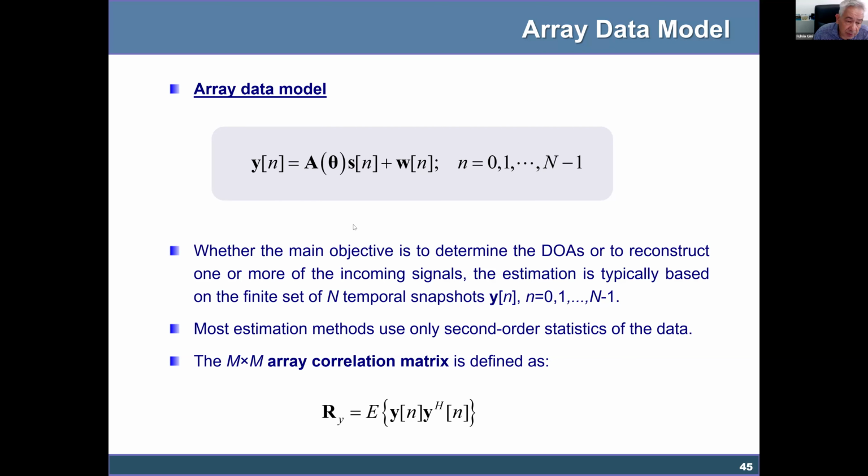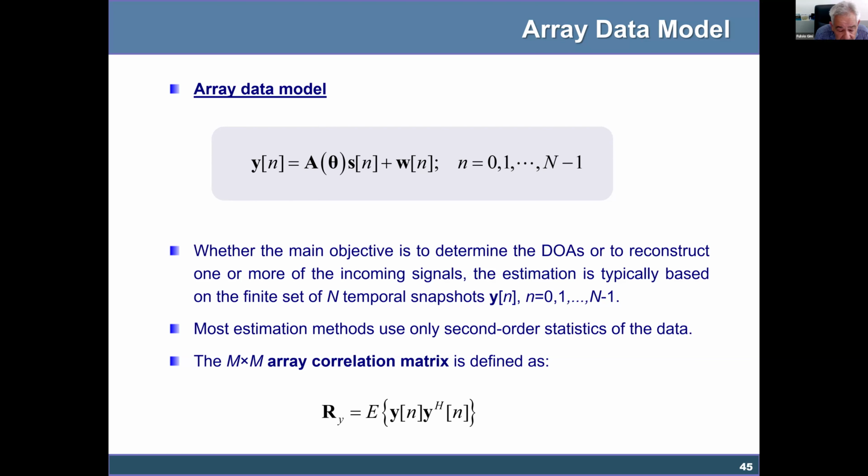Now, the problem that we typically want to solve is, given the observation of n snapshots, we want to estimate theta, and we want to reconstruct separately the signals generated by the different sources, or we want to analyze separately the signals reflected back by the k different targets.